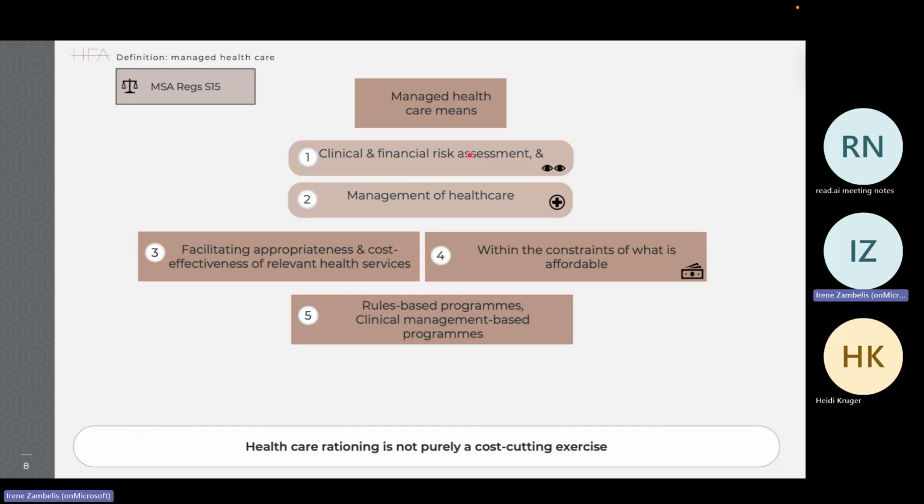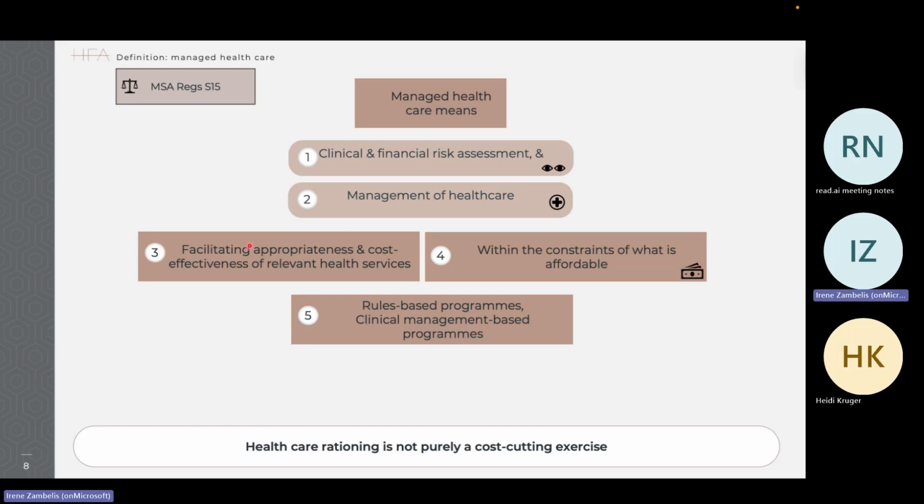Now that you know your risks, it includes management of healthcare. So you, as a trustee, need to manage the risk of your scheme. That is one of your fiduciary duties. And health risk is part of it. So you need to show you've applied your mind to that.